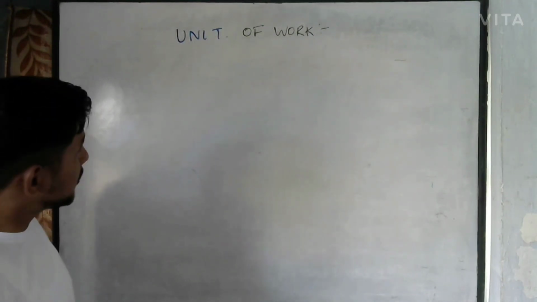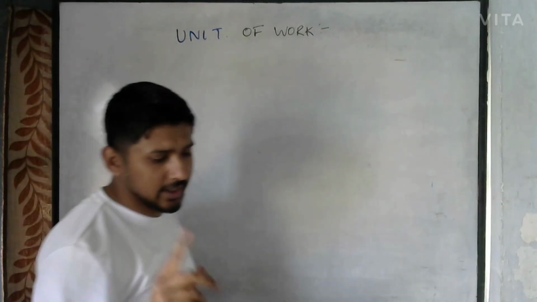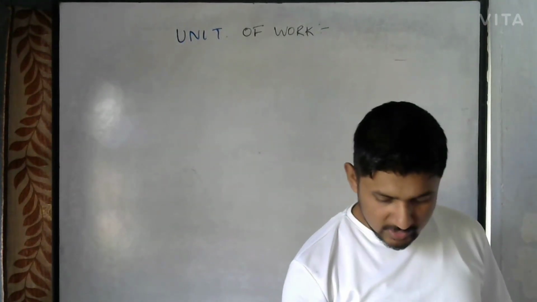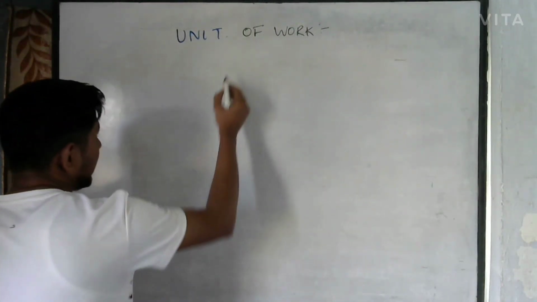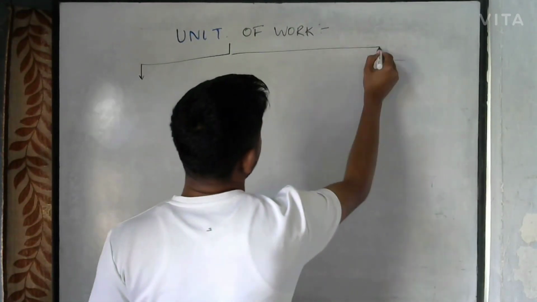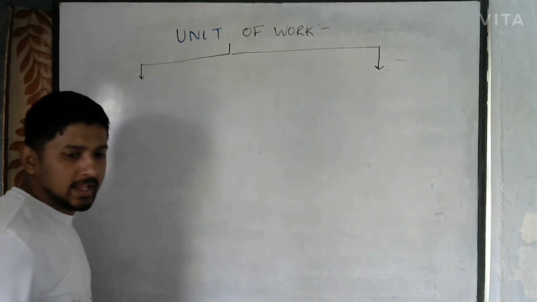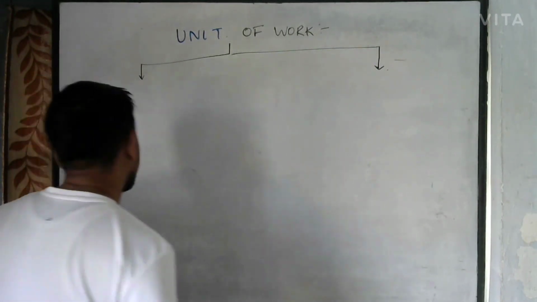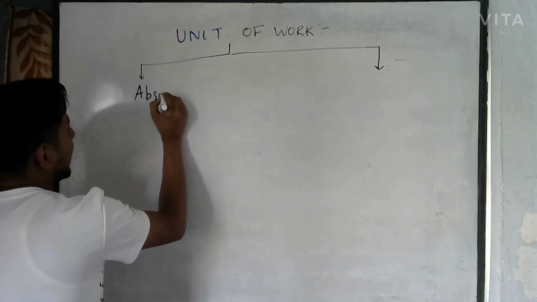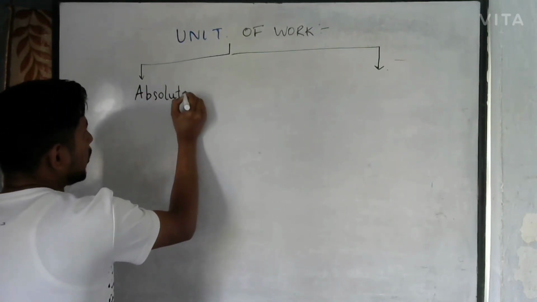Now this unit of work, I'm just going to explain to you in the form of a flow chart. If I talk about the unit of work, there are two types of units that work can have. The first kind of unit is known as system of units, to be more precise.